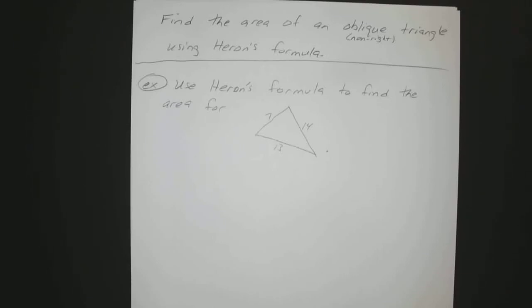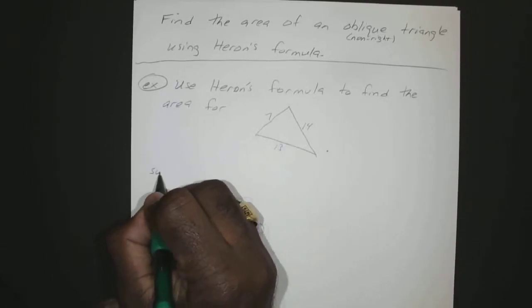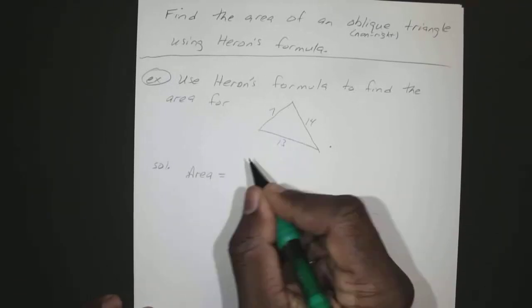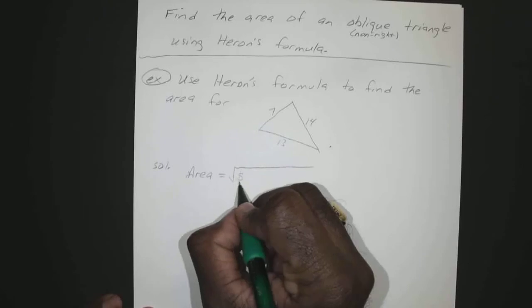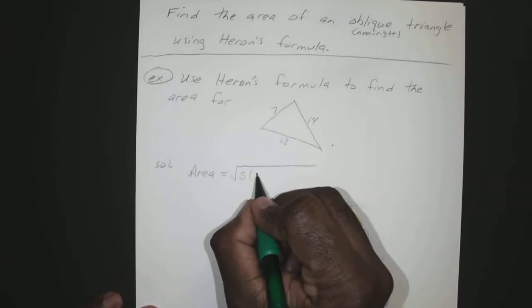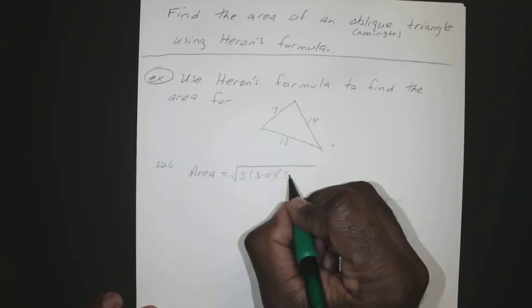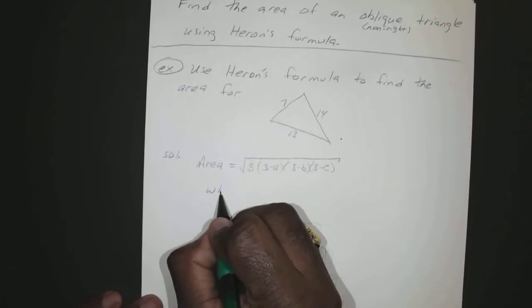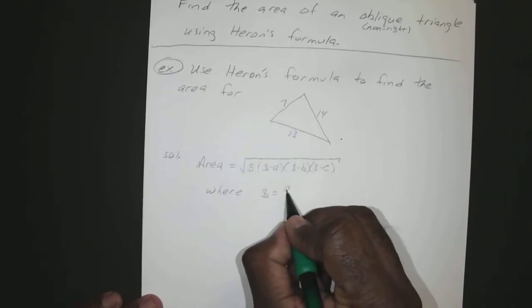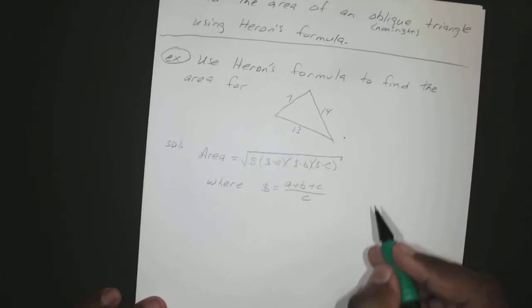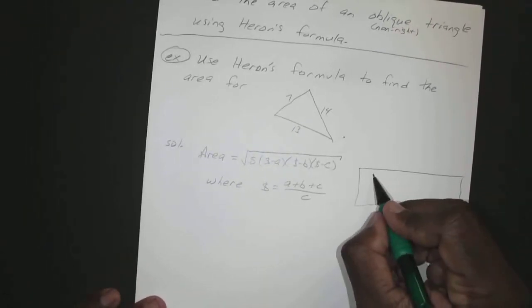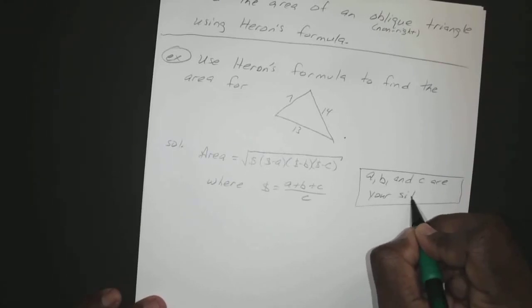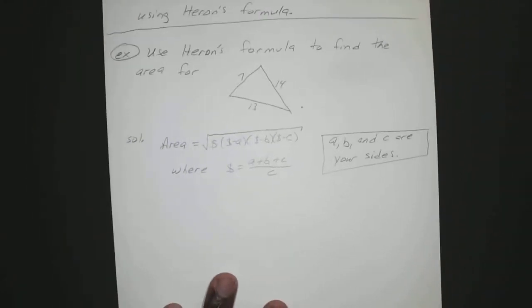Heron's formula is the area is equal to the square root of S times S minus A times S minus B times S minus C, where S is equal to A plus B plus C divided by 2. And A, B, and C are just your sides.